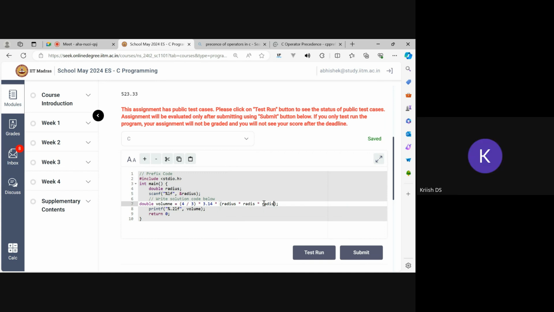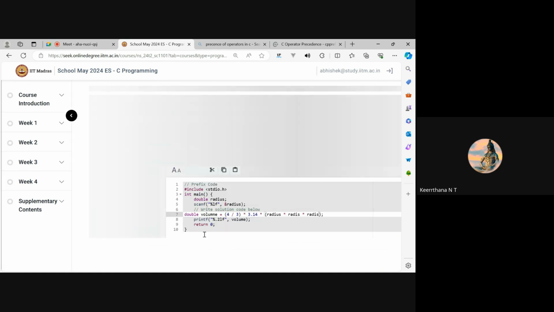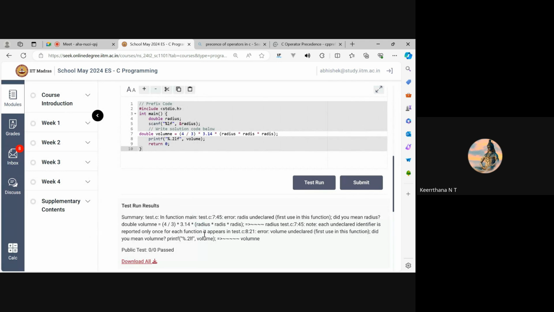I'm not able to. What is the error? One minute, sir. Wrong answer. I'm getting the answer as 392.50, but the expected output is 523.33. What happened?